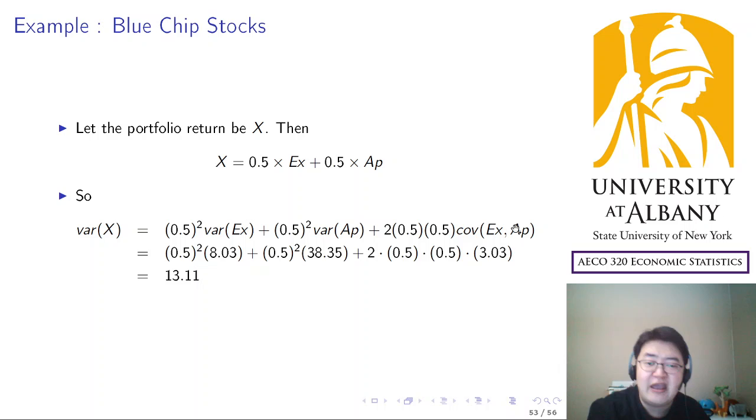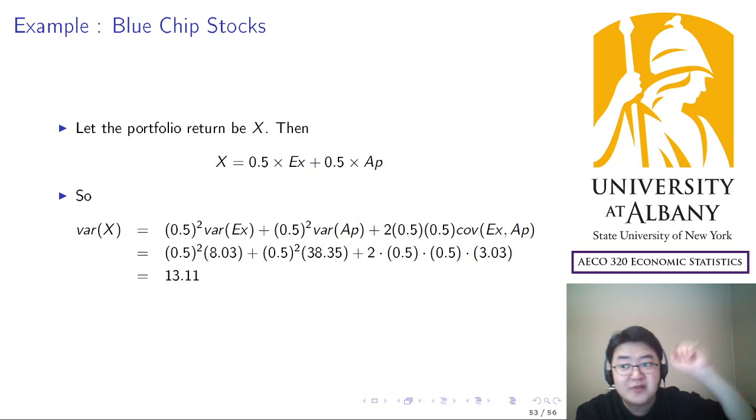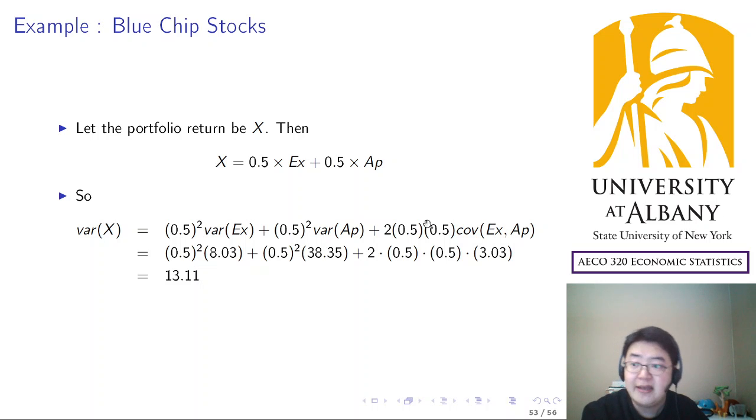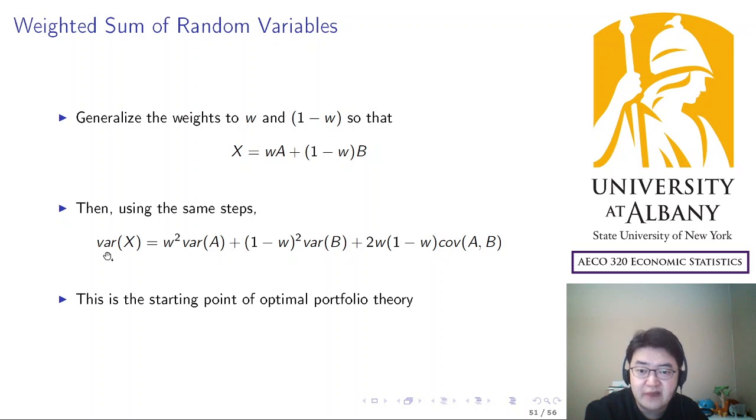Again, if I were in the classroom, I would derive the equation on the board, but I cannot do it now. So please do it by yourself on paper. Anyhow, it's simple math. I believe you can just follow this formula and plug in the numbers. W is 0.5, variance of A is variance of ExxonMobil, and variance of B is variance of Apple.